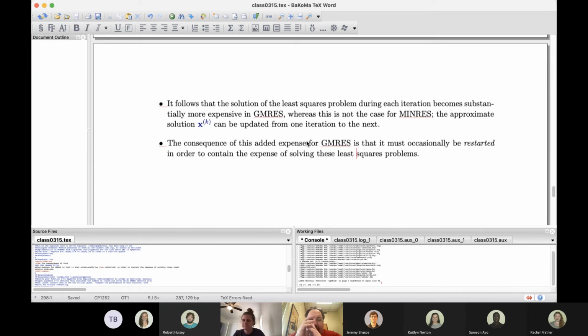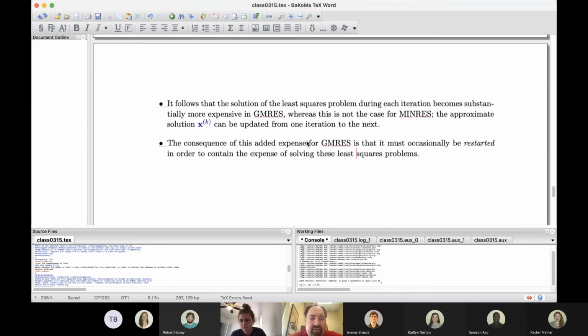So what is commonly done with GMRES is to restart it. In other words, you've performed a certain number of iterations, you computed x1, x2, x3, and so forth up to some point xk, and then you stop and use that xk as the initial guess for a whole new GMRES iteration. So you've tossed away all those Q vectors and started fresh.